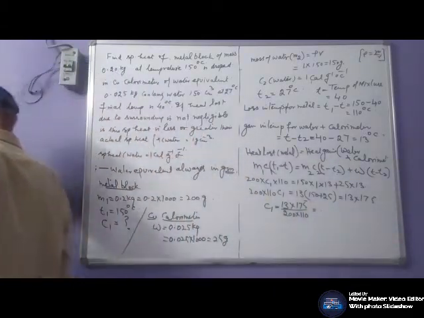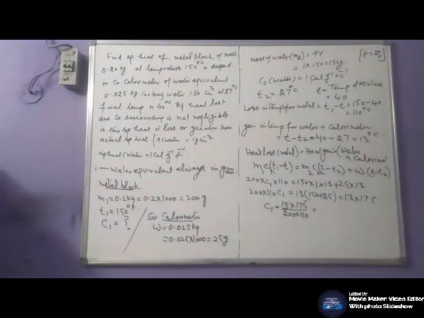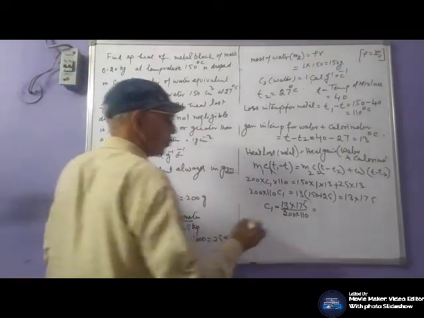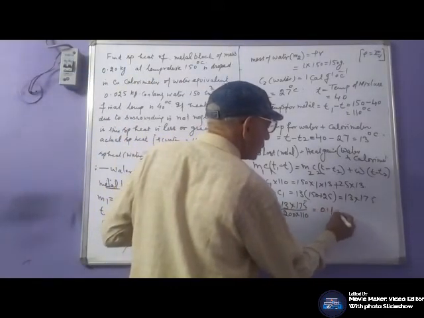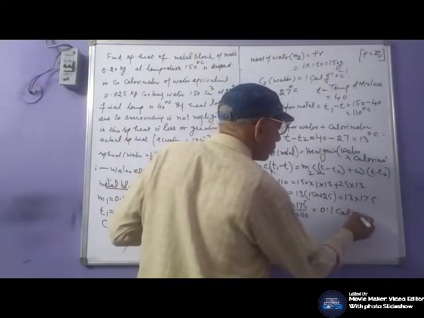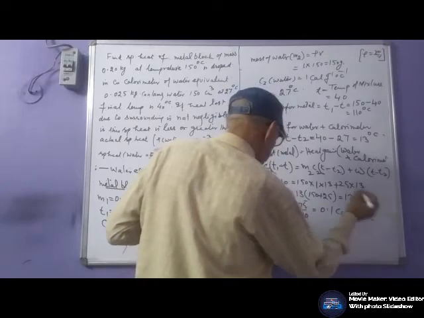Solve it. It comes to 0.1 calorie per gram per degree Celsius.